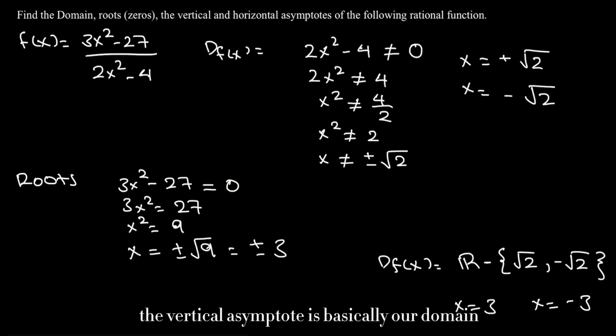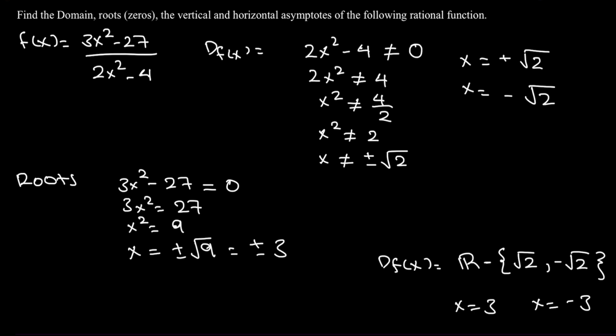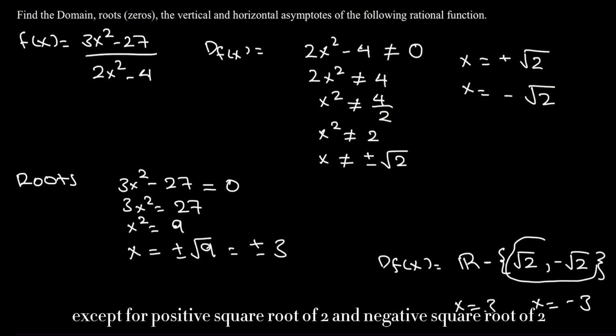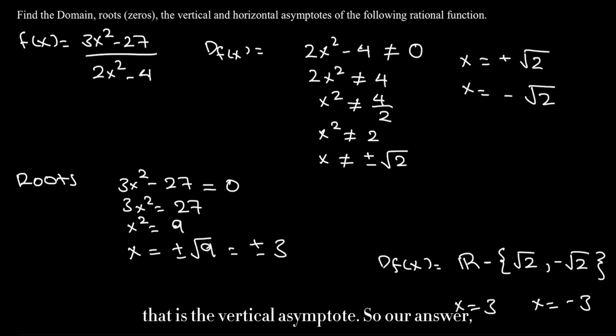The vertical asymptotes is basically our domain. What does that mean? Here we mentioned that the domain is the set of all real numbers except for positive square root of 2 and negative square root of 2. That is the vertical asymptote.